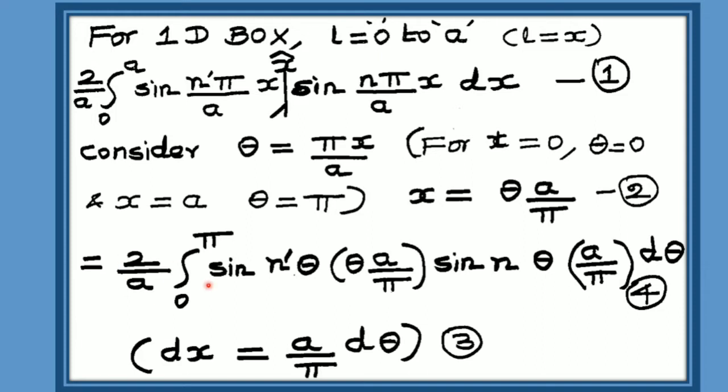Therefore, 2 by A integral 0 to pi sin n prime theta, times x, the position vector, theta A by pi, times sin n theta, times dx, which equals A by pi d theta.